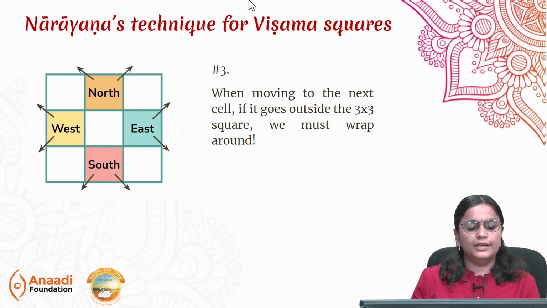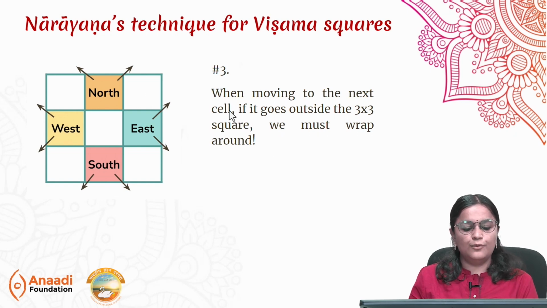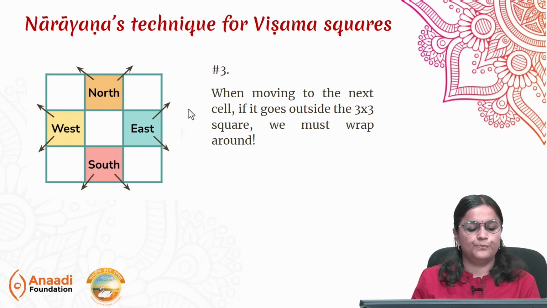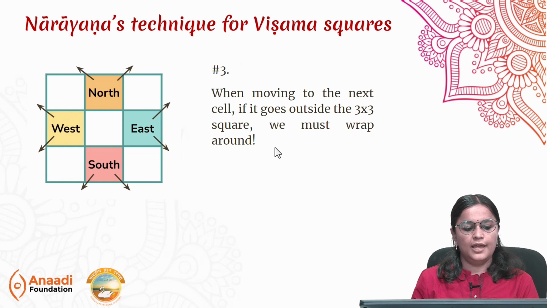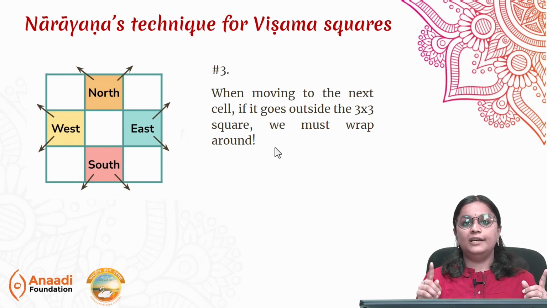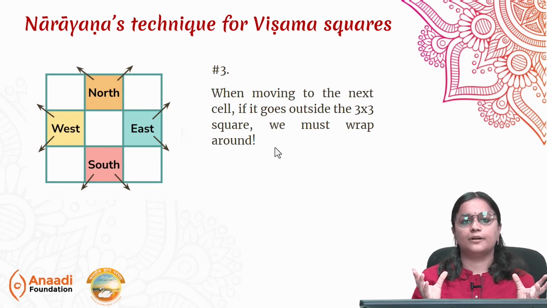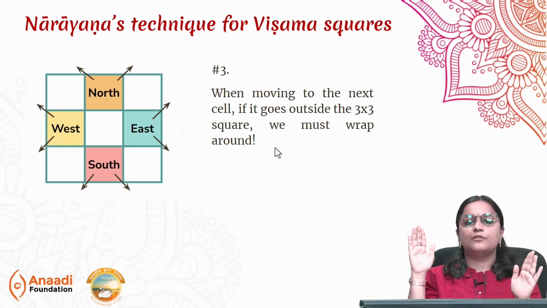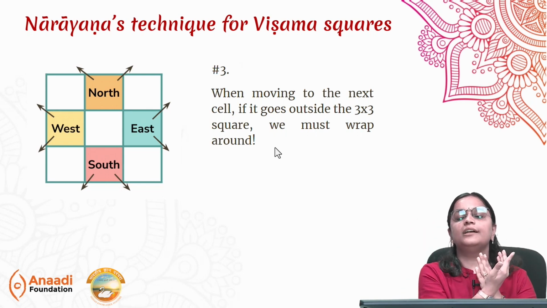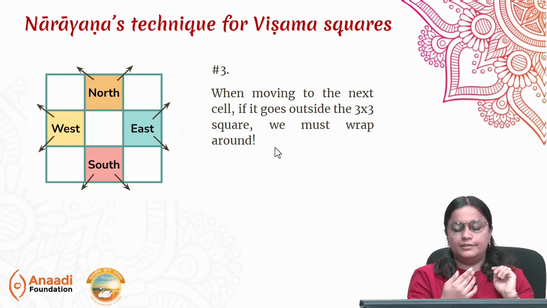When moving to the next cell, if it goes outside the 3 cross 3 square, we must wrap around. Now we will learn how this wrap around function works. Imagine that your magic square is like a piece of paper, right? If something goes out of this piece of paper, we just turn it around and bring it to the other side.